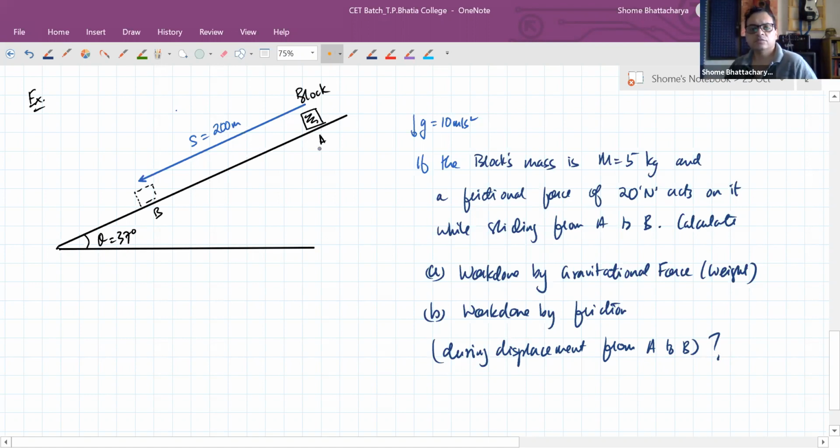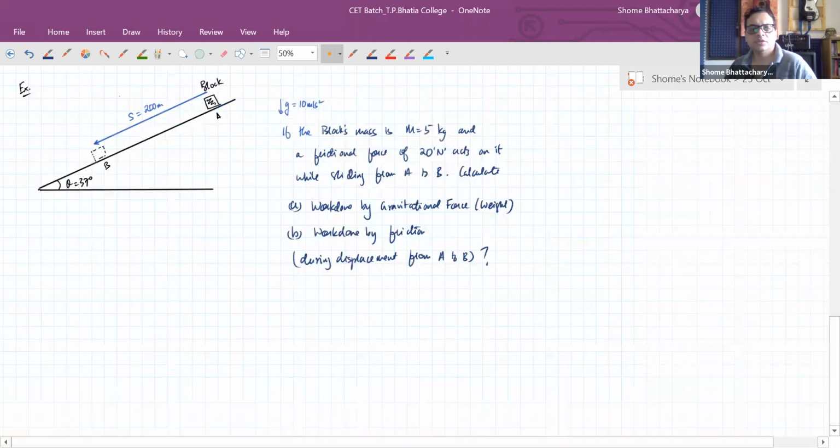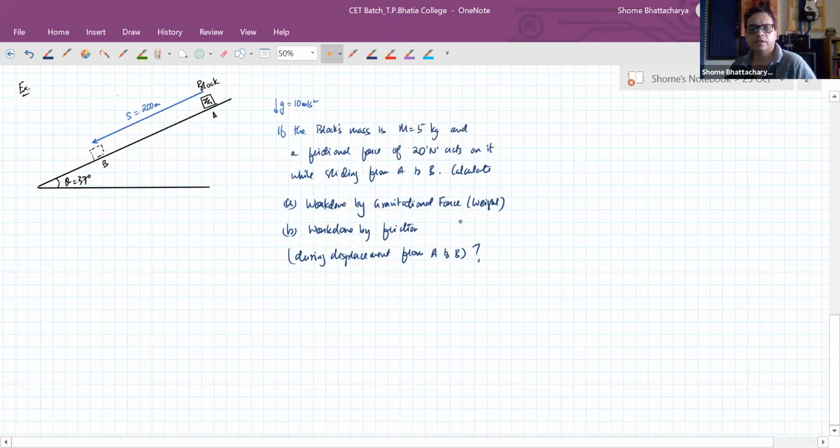Now in this question, from your knowledge of forces, you have to understand both the direction and the magnitude of each of the forces for which we are calculating the work done.